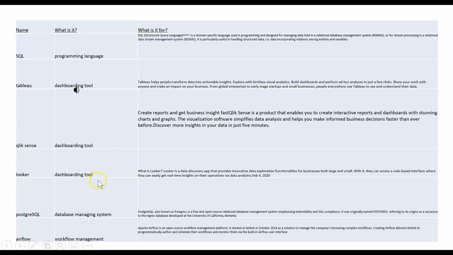And these are the tools that Chris mentioned. SQL, obviously very important. SQL stands for Structured Query Language.